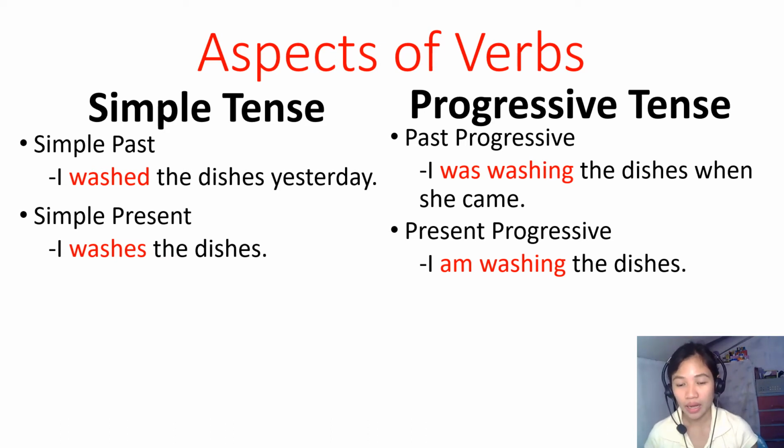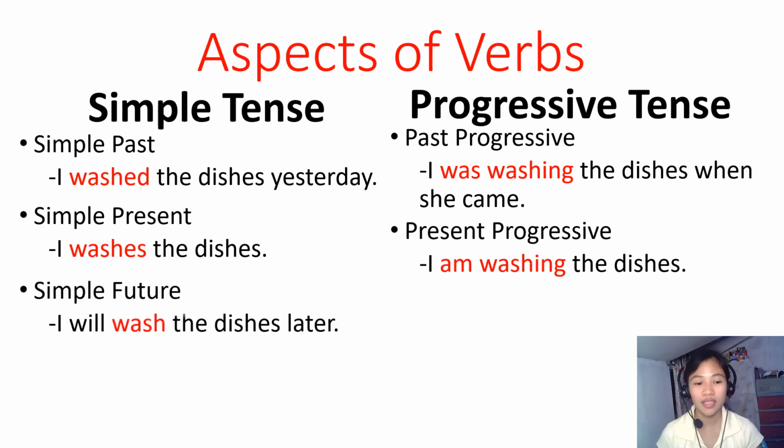We can use am, is, or are plus the verb and its ing. For example, I am washing the dishes. I use am and its verb plus ing to show that it is happening continuously. I am washing the dishes.